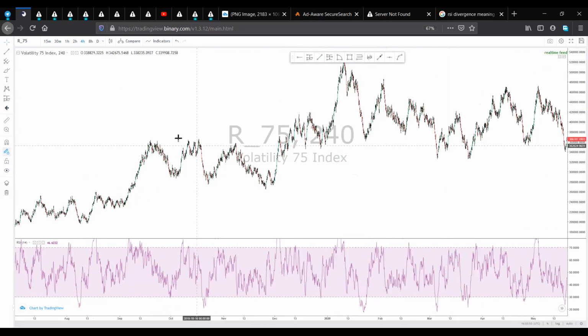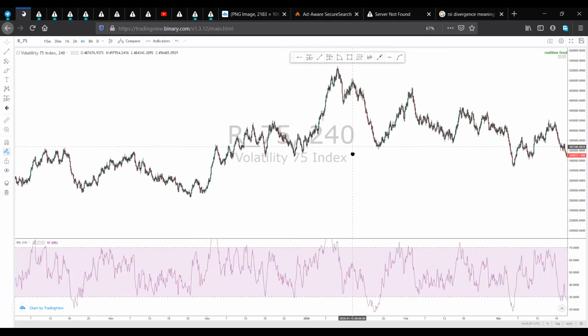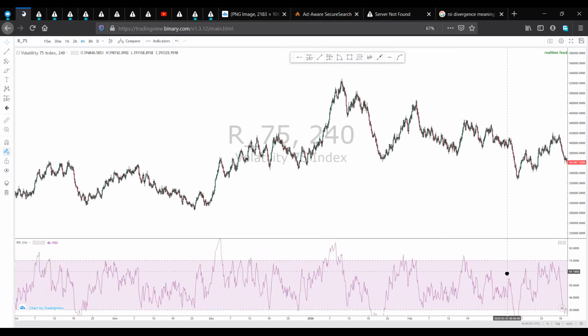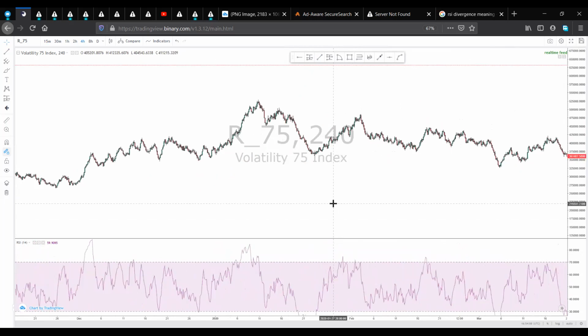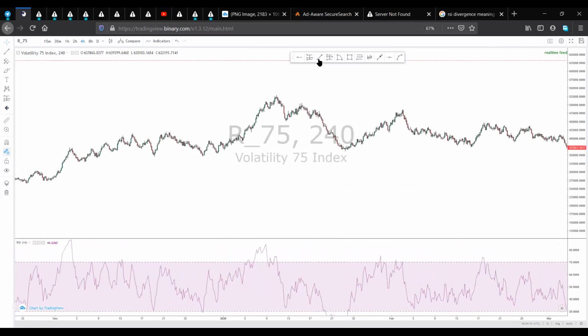So for example, we have this one around here. Divergences can occur in different ways, but most likely like this one, it was for the sell, and you can see here it's showing the different structure.